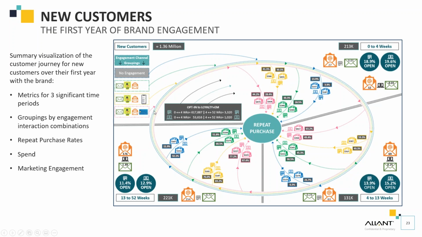This pink arrow represents this combination of channels, and as you follow this along, within this first 0 to 4 week period, you can see what the repeat purchase rate was online, in store, and what the average ticket was. And then it goes around and looks at 4 to 13 weeks, 13 to 52 weeks, which is in this quadrant here. That way we're looking at repeat purchase rates, spend, and marketing engagement, all in one summary view.